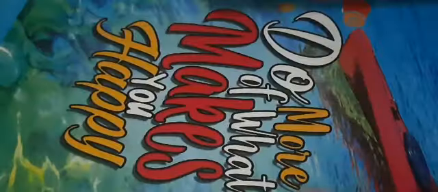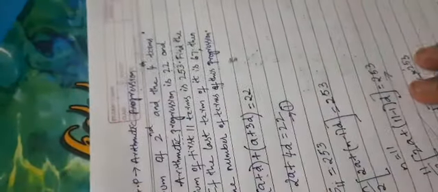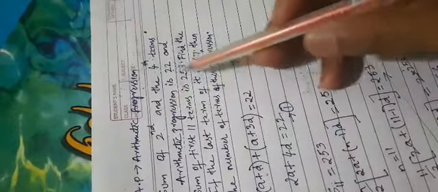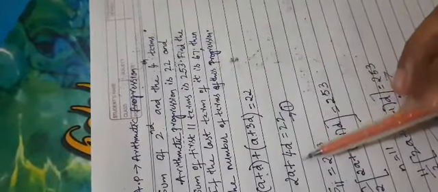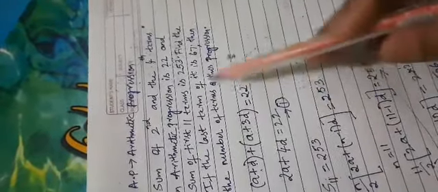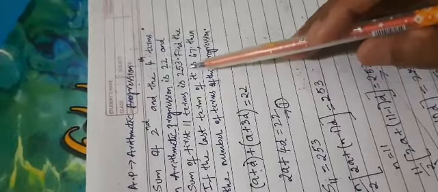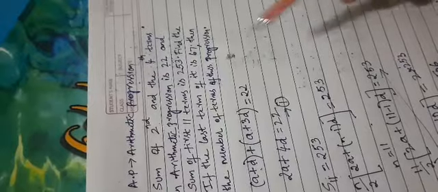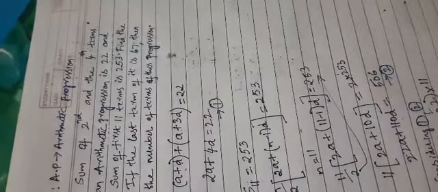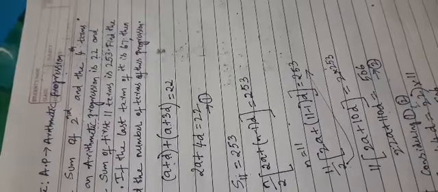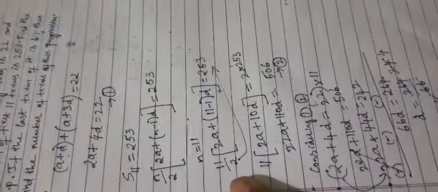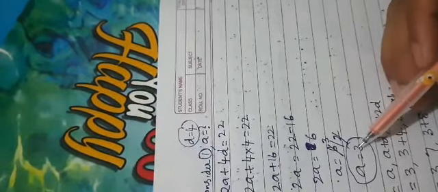So what we have done in the first part of the question: we have considered the second and fourth term, we have made equation 1, and S11 is equal to 253, that equation we have taken, and these two equations we got from the two conditions. Later we solved for the D value, and next, considering equation 1, we found out the A value.